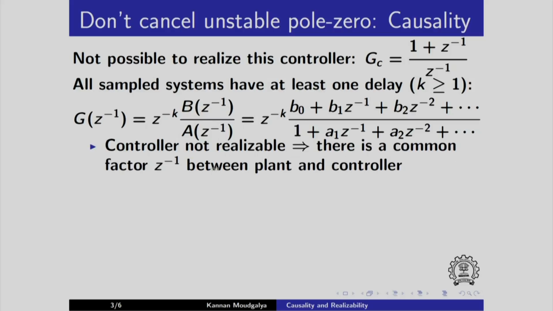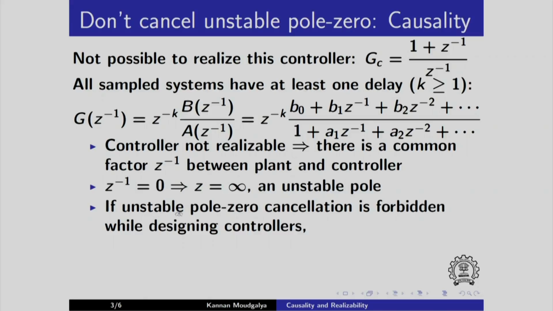Okay, there is a common factor Z inverse between the plant and the controller, and that common factor is given by Z minus 1 equals 0, or that is equivalent to having a pole at infinity, that is an unstable pole.